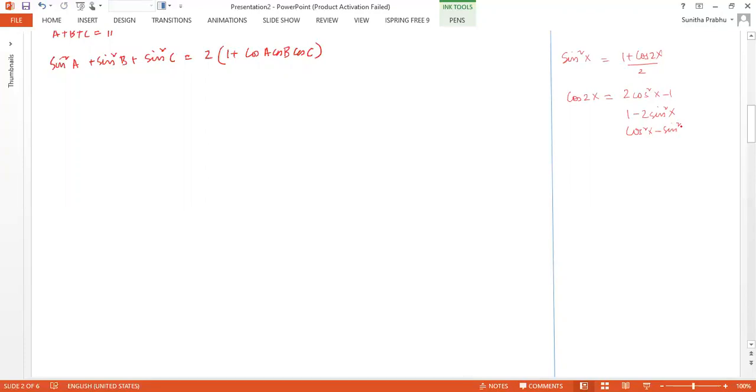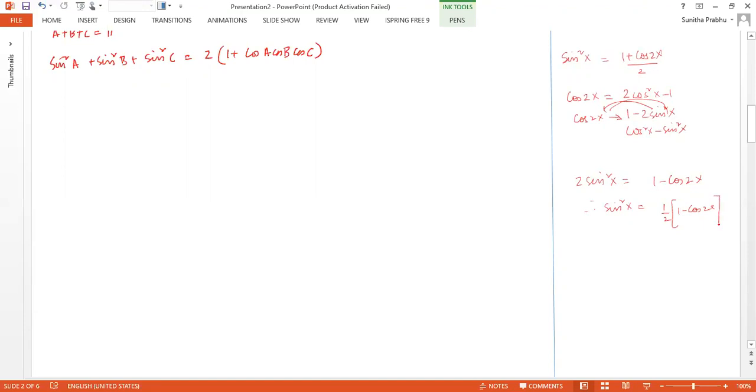There is a tan form also, which we don't want now. So if I use this relation, from that I can get sine square x, right? So 2 sine square x is equal to 1 minus cos 2x, okay? Therefore, sine square x is equal to half of (1 minus cos 2x).